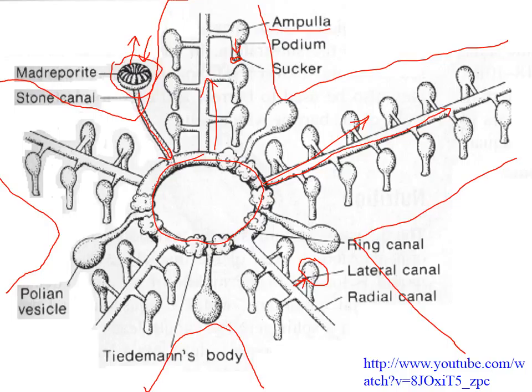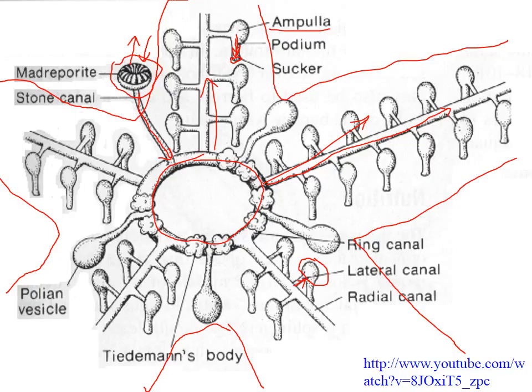It's like a hypodermic needle: when the plunger is pushed down, it shoves water down the length, which lengthens the podium, and the sucker extends. If the ampulla opens up, it's like pulling the plunger of a hypodermic needle up, and that causes the podium to shorten, withdraw, and the sucker to grab hold.